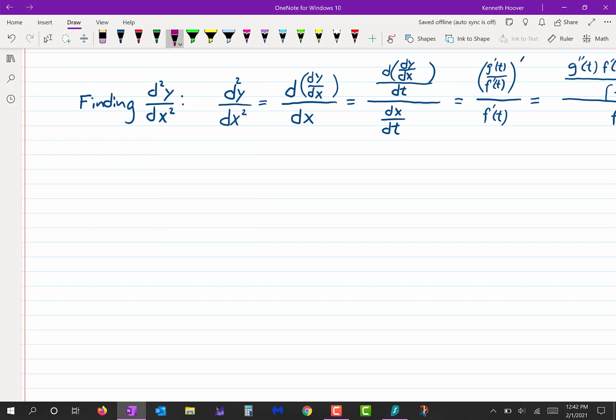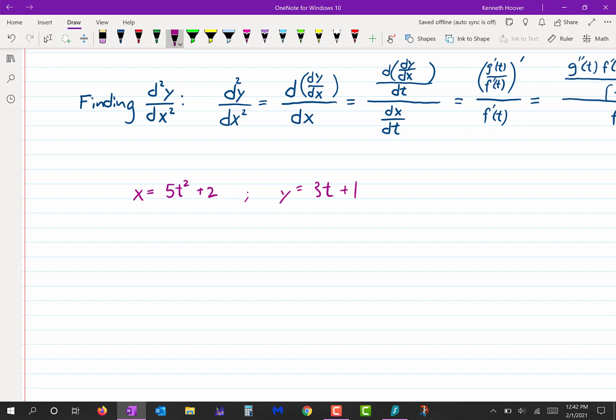So let's say we have x equals, I believe it was 5t squared plus 2 or something like that. Might have been plus 1 or something. Let's not worry about that. And y equals 3t plus 1 this time, okay? All right, so let's find the first and second derivatives.